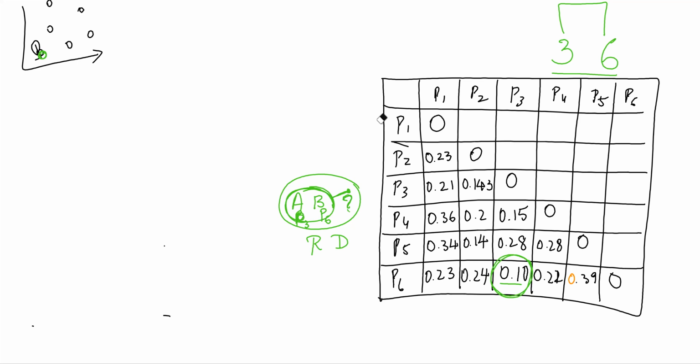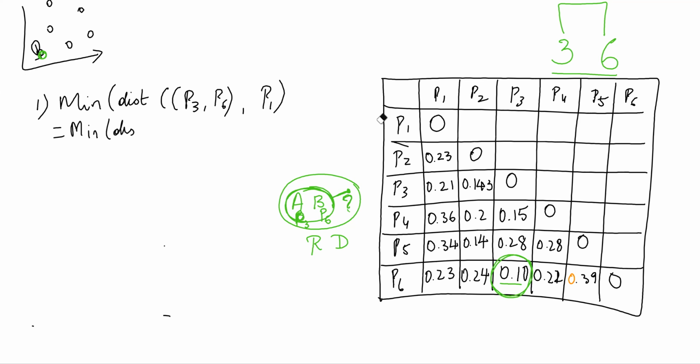I will be recalculating the distance from the cluster of P3 and P6 to the other points. First, identify the minimum distance from P3 and P6 with the first point P1. I can take the minimum distance of this and the minimum distance of this, right? So I will write the distance from P3 to P1, comma, the distance from P6 to P1.